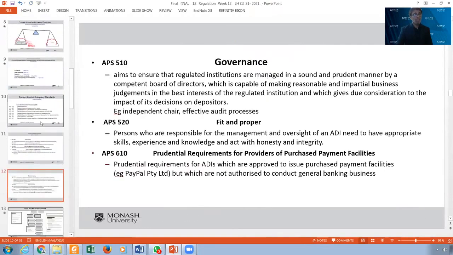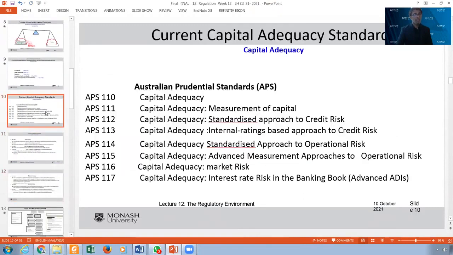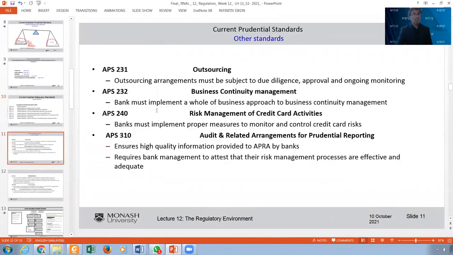Now let's see what covers the other issues. We have APS 231, which talks about outsourcing, which means if the bank wants another body, company or party to perform any banking services for them, then this has to be operated under 231.